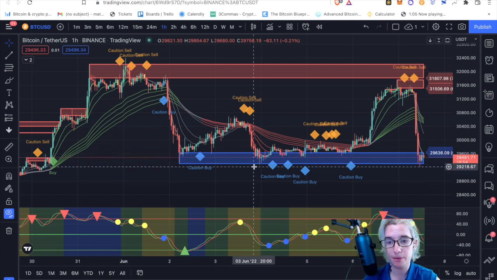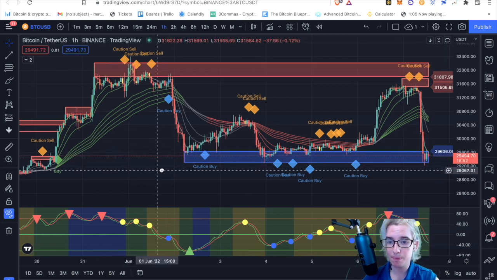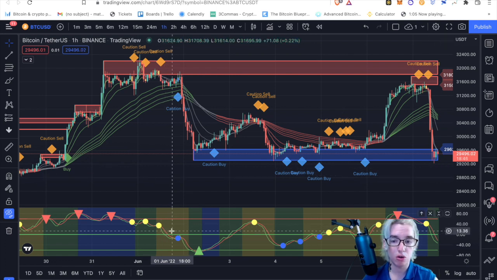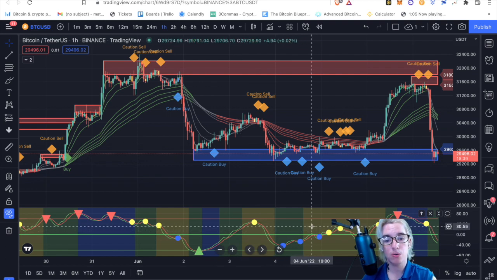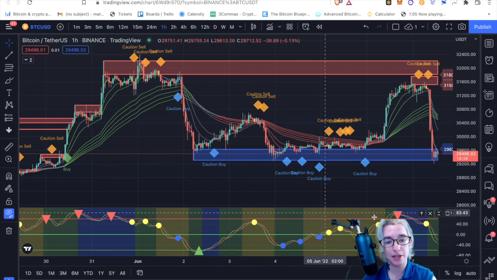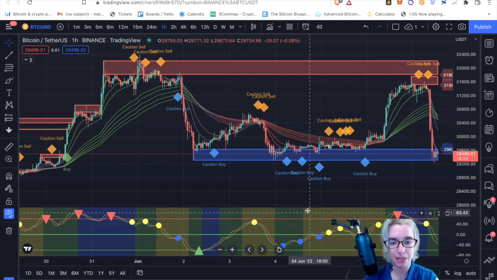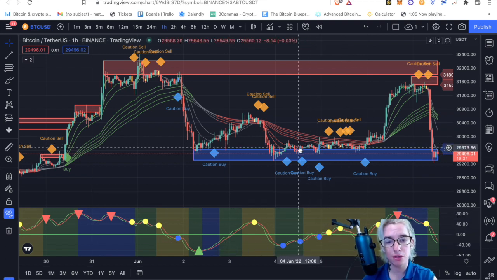All right. Another important thing about Market Spotter V1 is that it also shows you areas of high volume, and also areas where the price is ranging. So when this shaded area is yellow or orangish yellow, that means that the price is ranging and there's not much volatility.